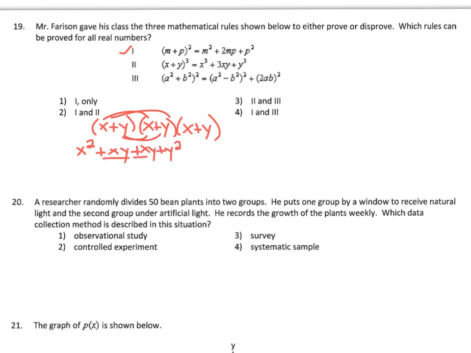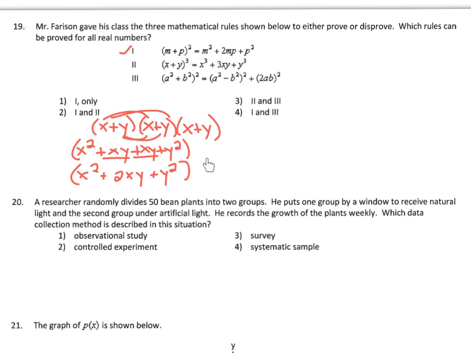If we combine our like terms, xy plus xy is 2xy, and we bring down the x squared and the y squared. So that's what happens when we double distribute the first two sets of parentheses.